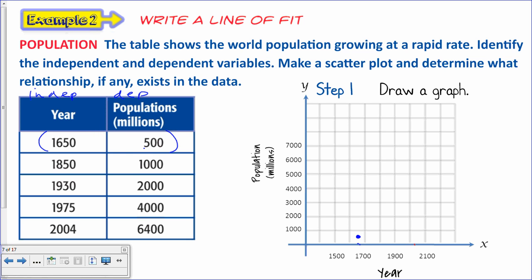Plot a point. Then my next point, 1850, 1800, then it goes up to 1000. Okay, 1930, a little bit over that, and then up to 2000.